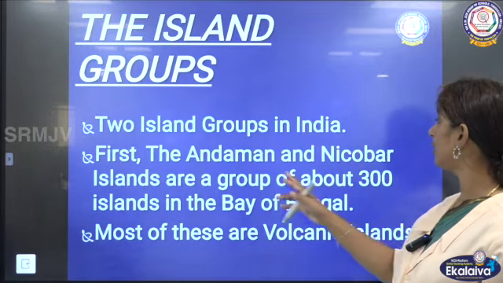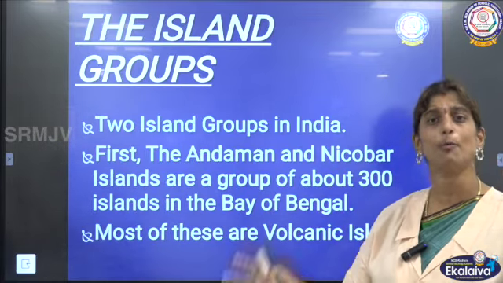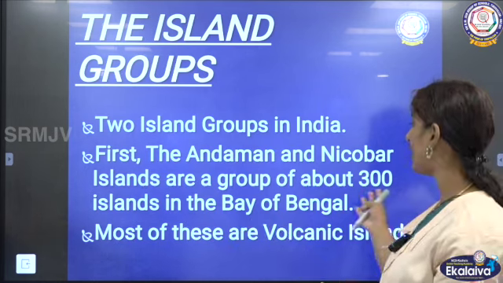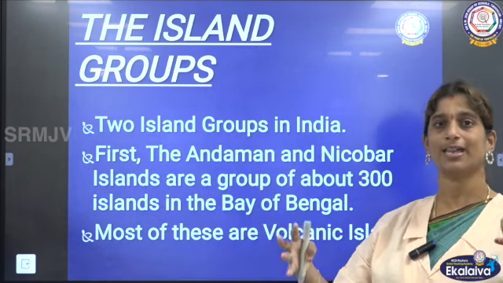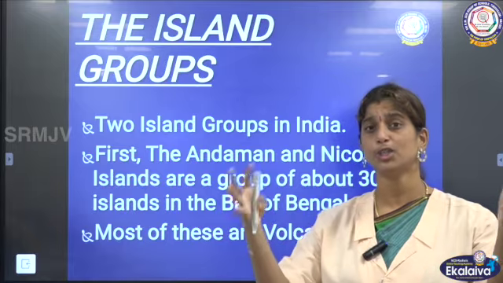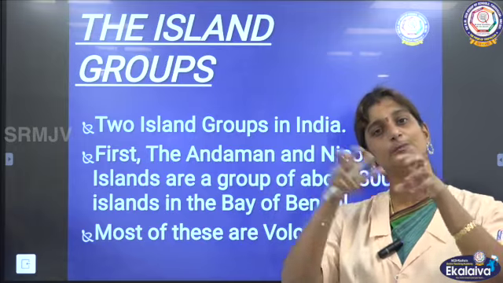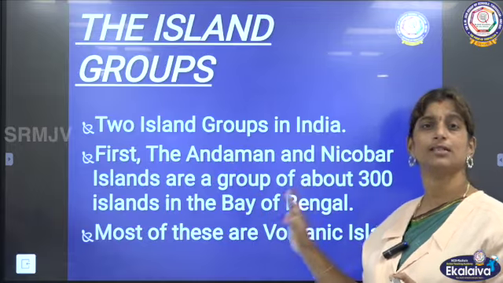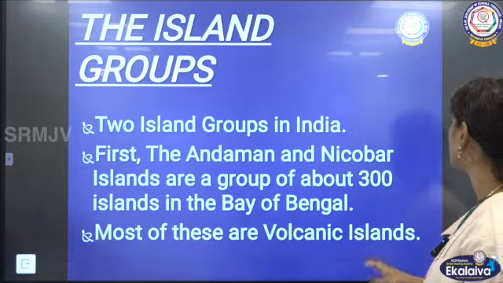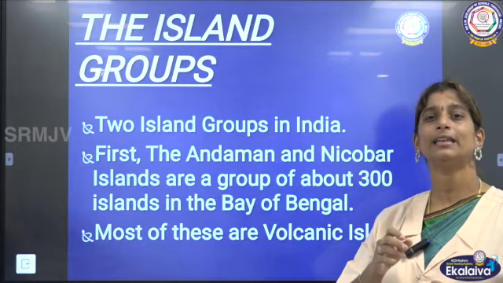The Andaman and Nicobar Islands are a group of more than 300 islands in one place. So Andaman and Nicobar is a group of 300 small islands. It is located in the Bay of Bengal, and most of the islands in Andaman are volcanic islands.